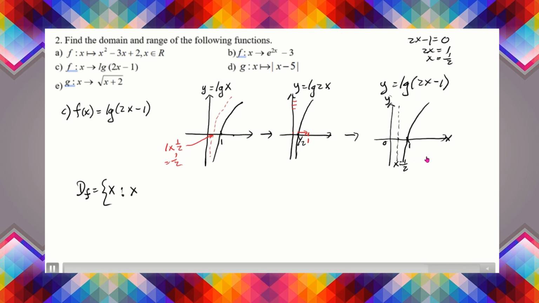So the domain of this function is greater than 1 over 2, but not equal to 1 over 2, because 1 over 2 is the vertical asymptote, which cannot touch the curve. Now we go to range. Imagine you draw all the horizontal straight lines. All of them are able to intersect with the curve, so the range is all the values of y.